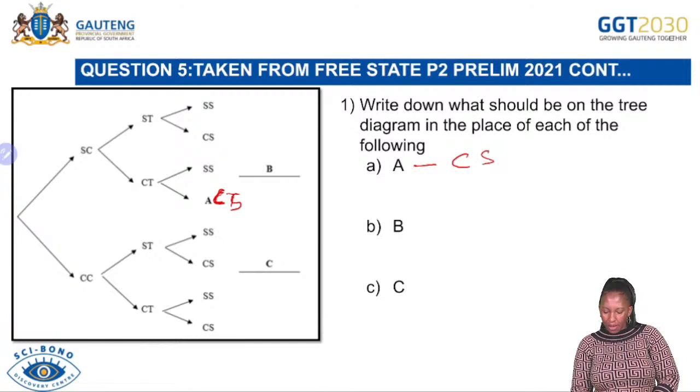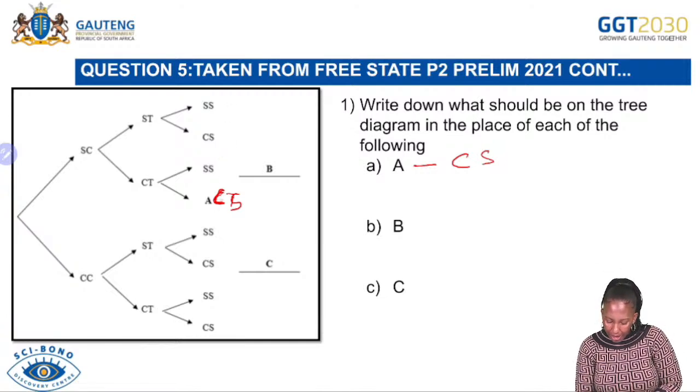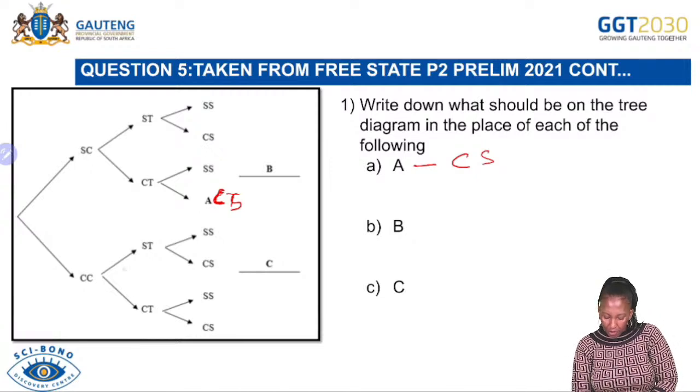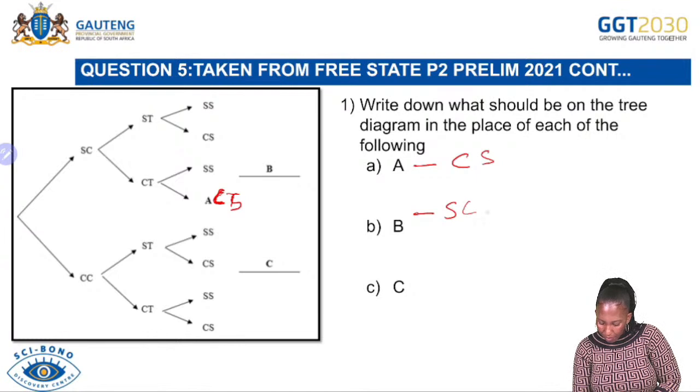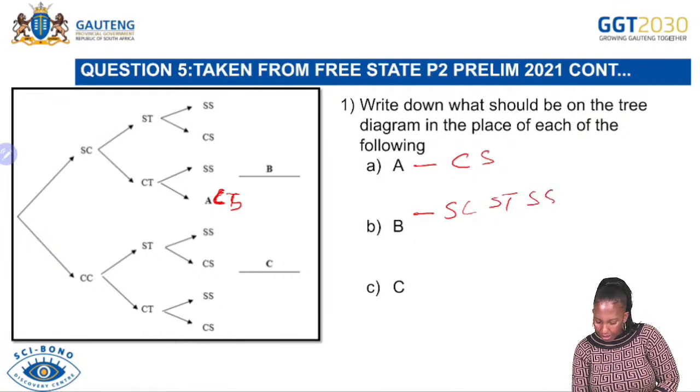And then for B, it will be all the outcomes. Now for B, what are the outcomes? Here it will be the outcomes for the shark scarf. For B, our outcomes, we have SC, and then ST, and then SS.